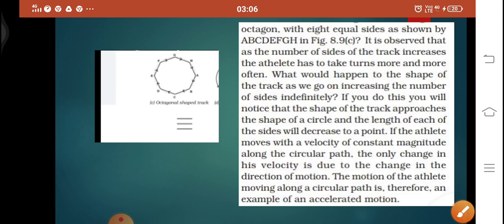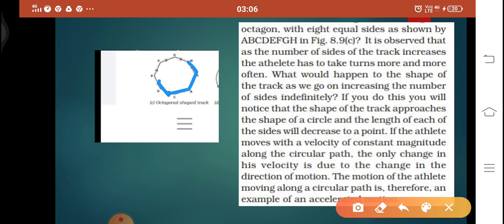Now here suddenly the word acceleration comes. A simple question arises in mind: if the velocity is 20 meter per second, 20 meter per second, 20 meter per second, the speed is not changing. Then how is it accelerated motion?